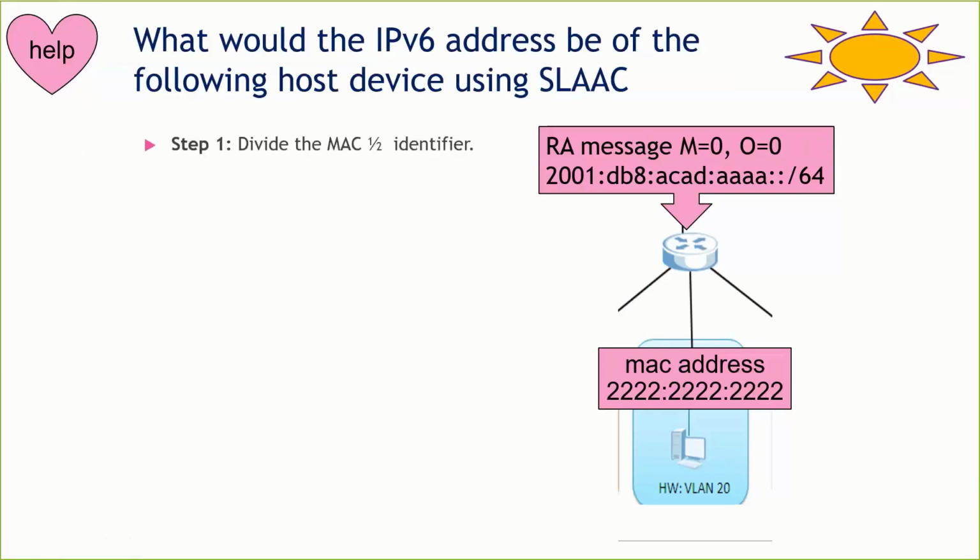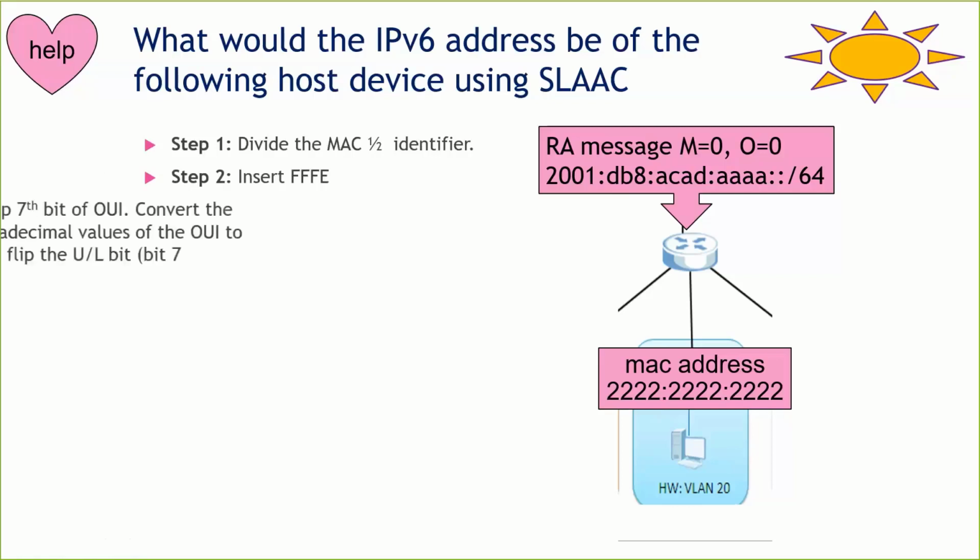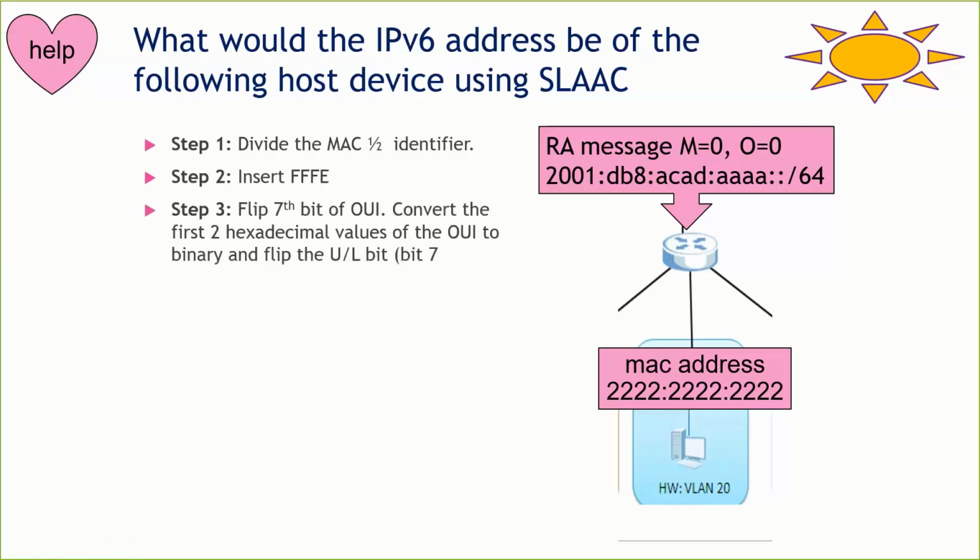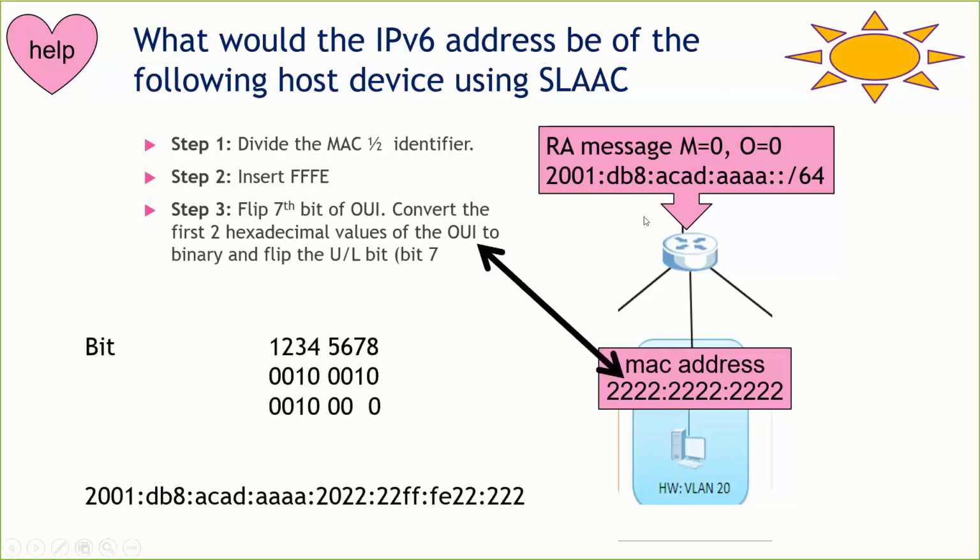Okay, so step 1, you divide the MAC address in half, right? And you insert the FFFE in it, and then you flip the 7th bit. You would split the 22222 in half, right? So you've got the network portion of it because the router gives us that. So we're going to split the MAC address in half and add the FFFE in there.